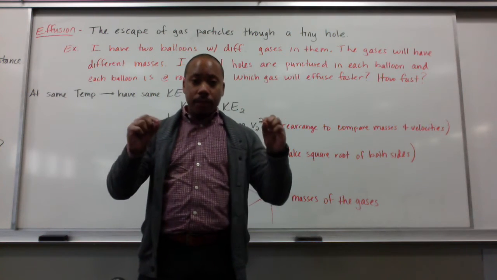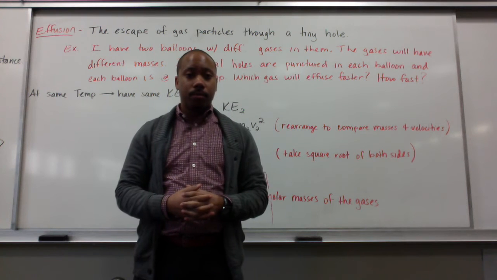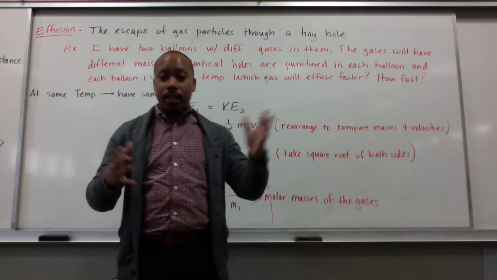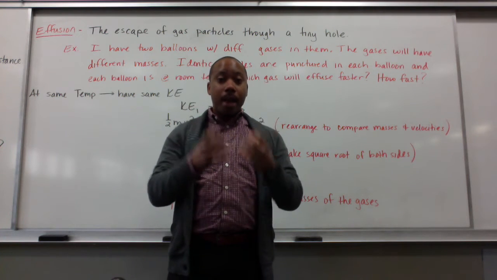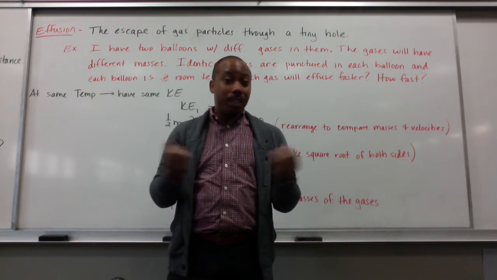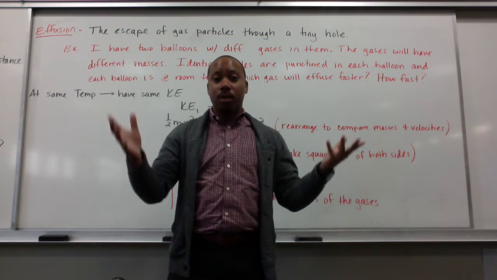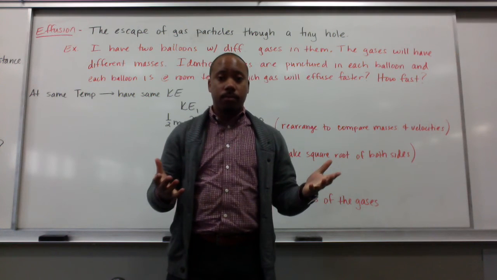Which gas will leave that tiny hole in the balloon faster? What's the answer? Right, the one with the smaller mass. The one with the smaller mass will effuse faster. Smaller mass usually means smaller volume. You can get through that hole much quicker and at a more frequent rate.